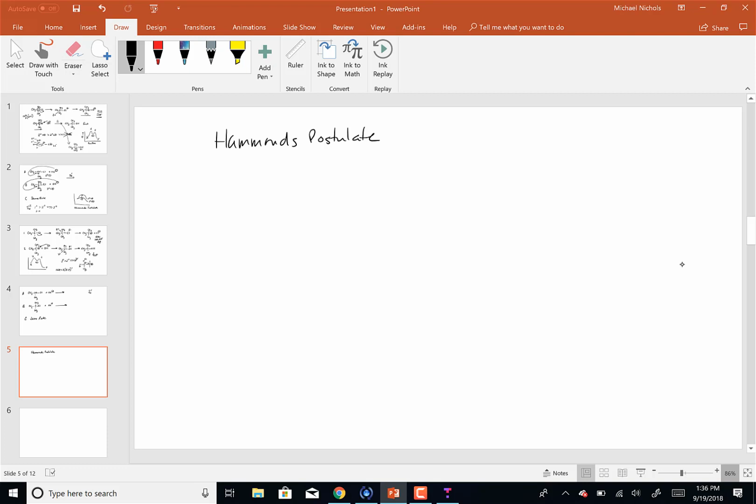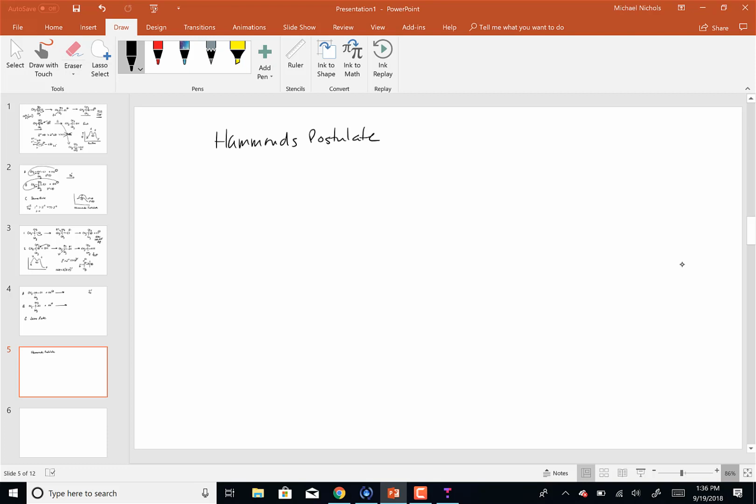Now, notice what happens when I make the reactant or make the product more stable. What happens to the activation energy? It decreases. Now, that's not what Hammond said. Hammond said that when the reaction becomes more exothermic, the transition state begins to resemble the reactants more than the products.